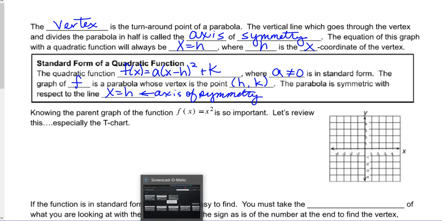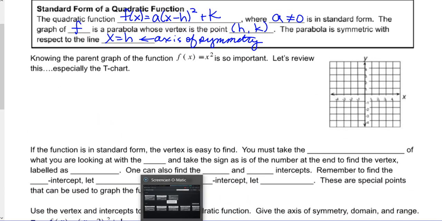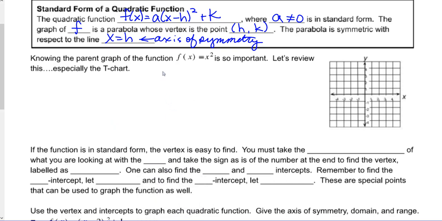Now, knowing the parent graph of the function f of x equals x squared is so important. So, we're going to review this in a t-chart sense. If I do a t-chart, and I plug all these values into this function and I square them, I get all of these.